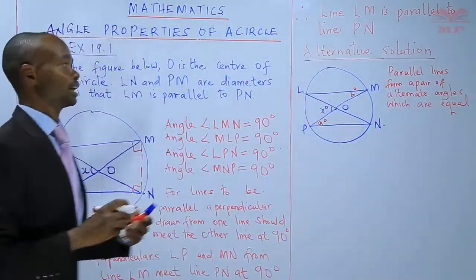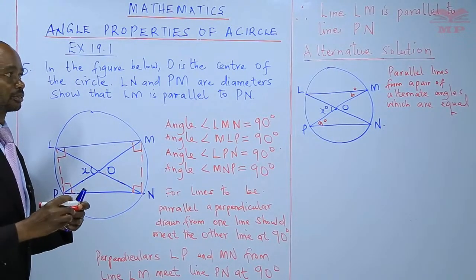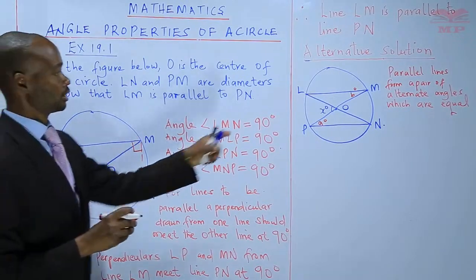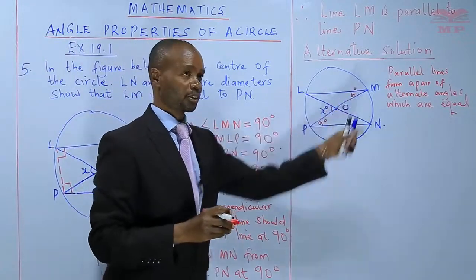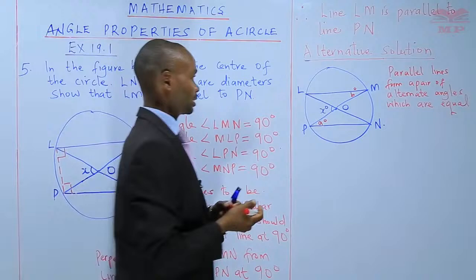In our question, we are talking of if x will help us to get the value of A and B, and then we find they are equal, then the lines are parallel.